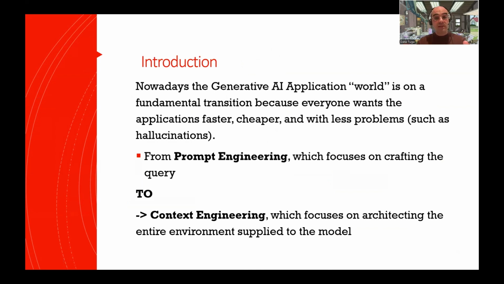Why? Because everyone wants the application faster, cheaper, and with fewer problems, such as hallucination. So we are heading from prompt engineering, with focus on crafting the query, to context engineering, with focus on architecting the entire environment supplied to the model.